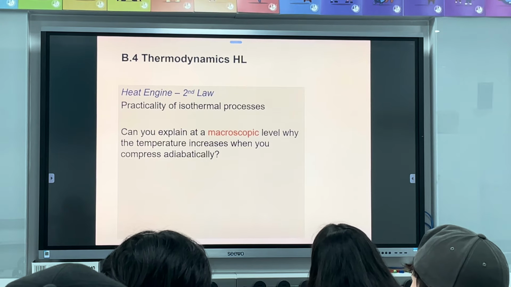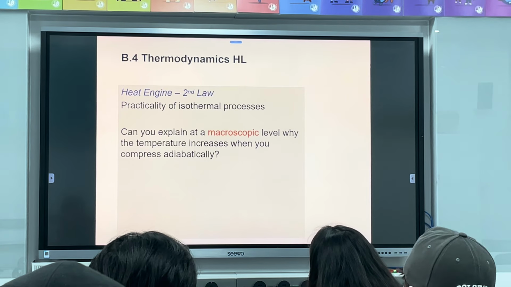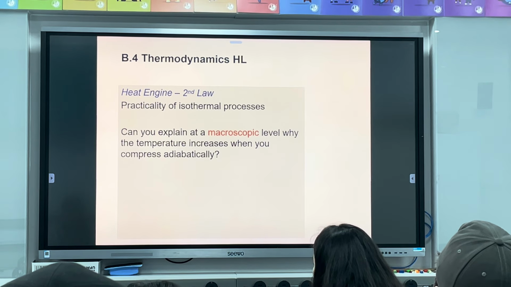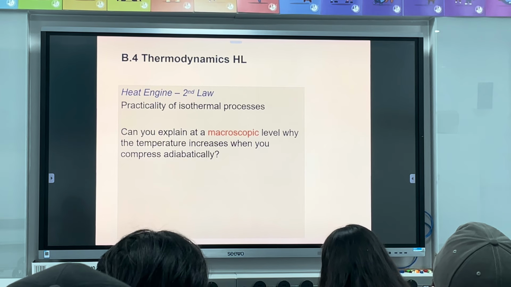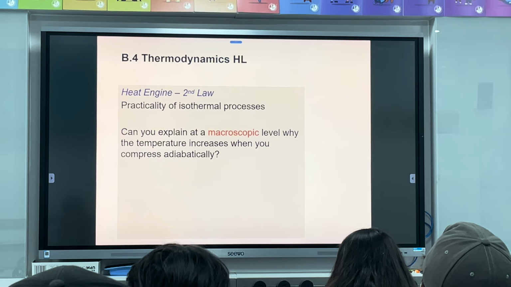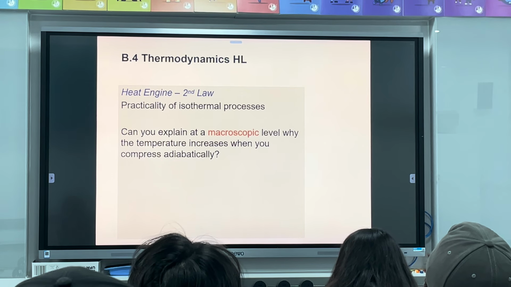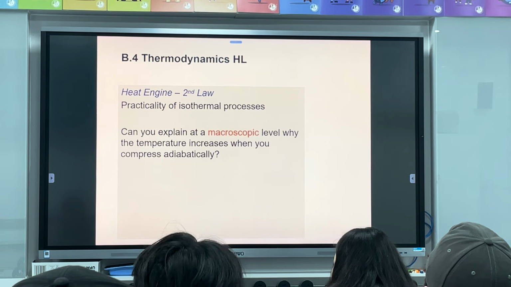So here, let's look at this question. Can you explain at a macroscopic level why temperature increases when you compress adiabatically? Why?